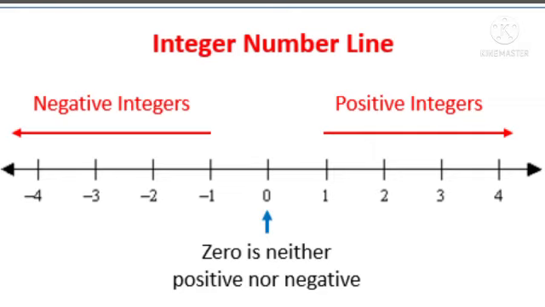So 0 is an integer, neither positive nor negative. We cannot find any smallest integer and also we cannot find any greatest integer.